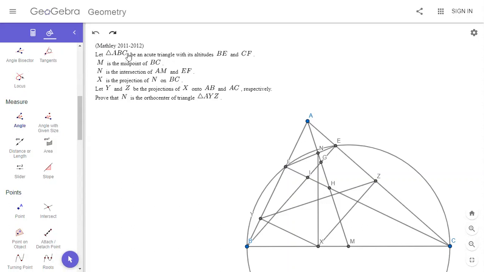No. So I can show that XN bisects angle FXE.